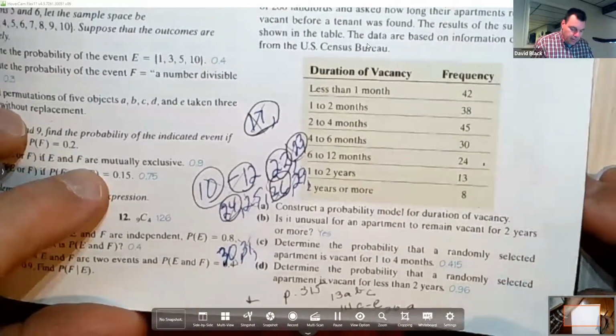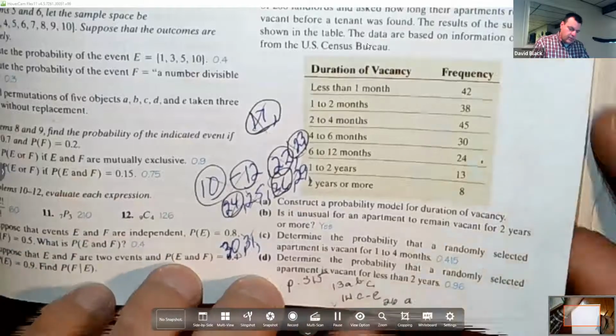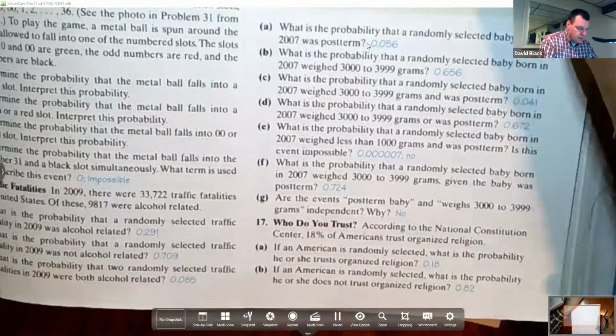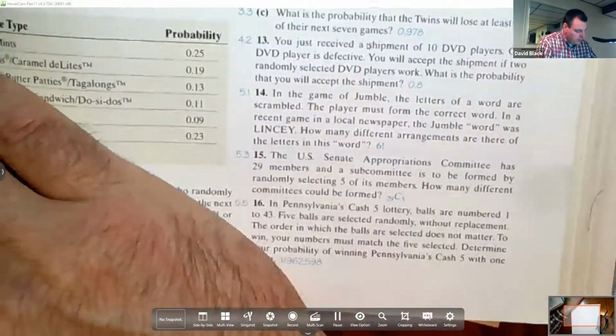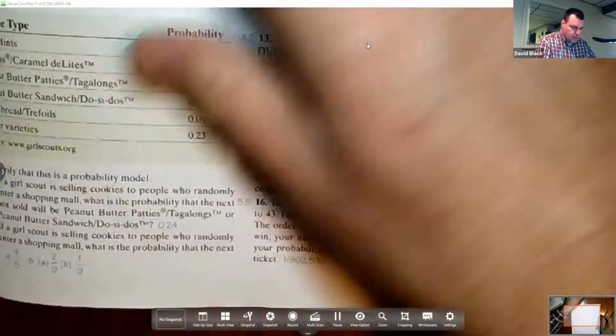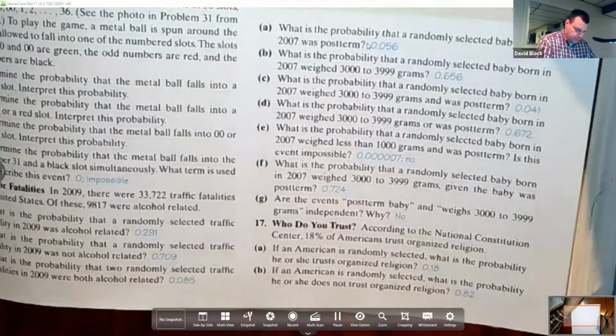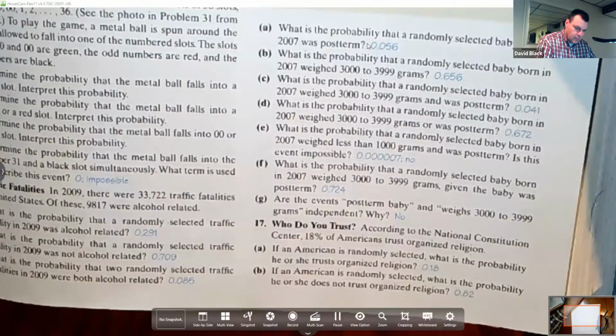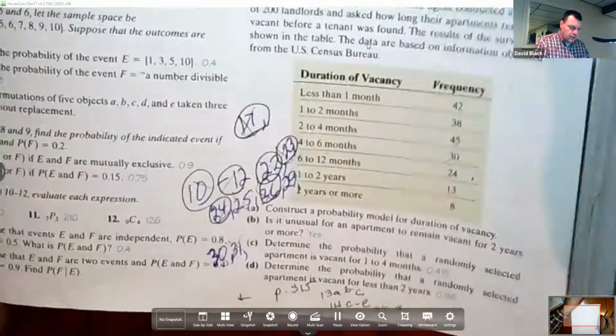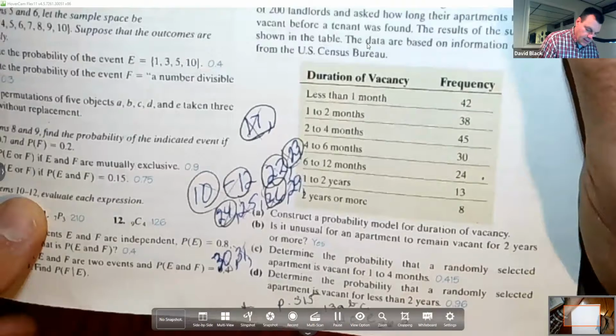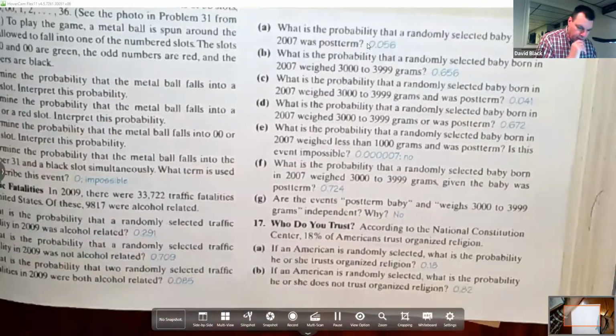Okay, let me check my other notes here. So if we need to keep going here relative to this. Okay, let's look at number 14 right quick.